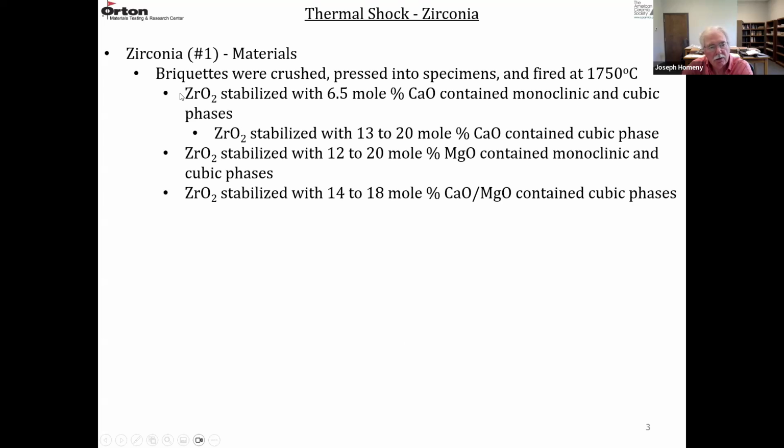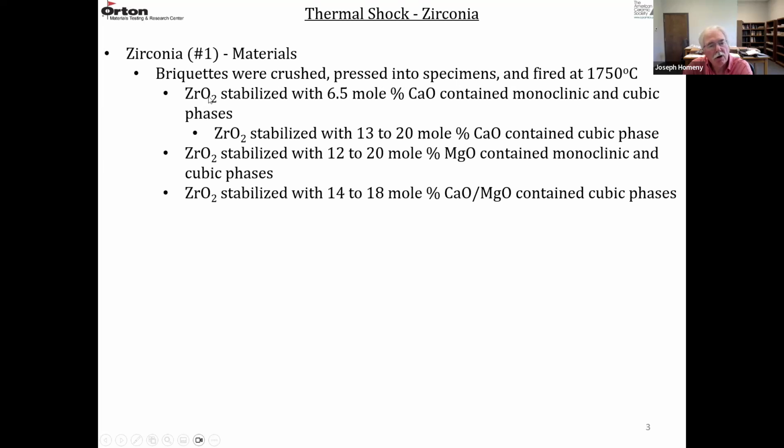So then they took these briquettes, they crushed them, pressed them into shapes that would give rise to the right kind of samples. And then they were refired at 1750 degrees C. So after this second firing, we now have samples suitable for testing.